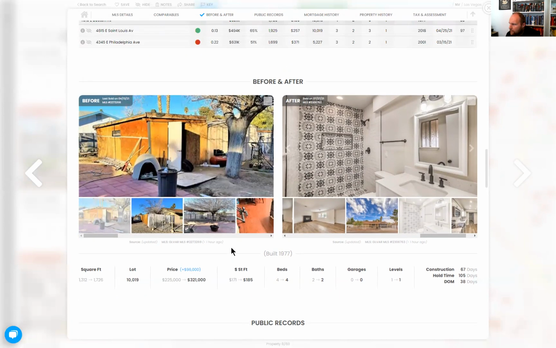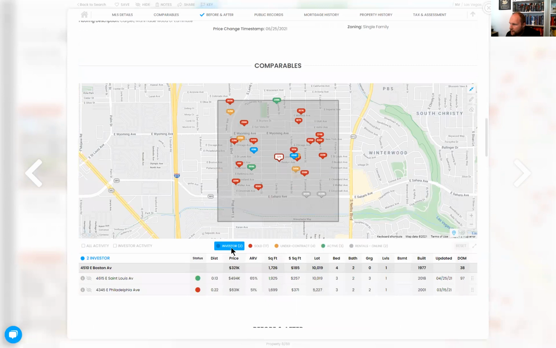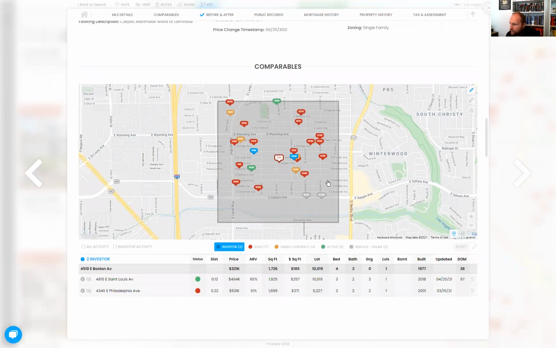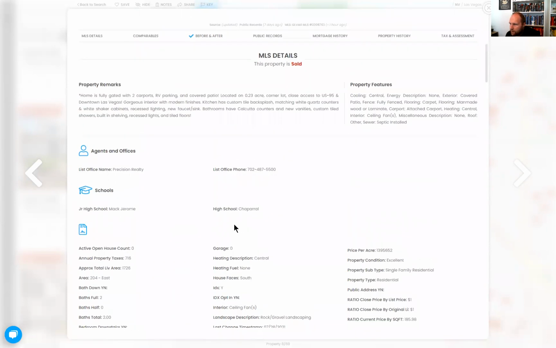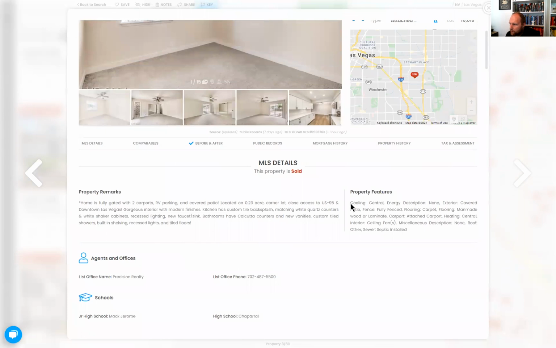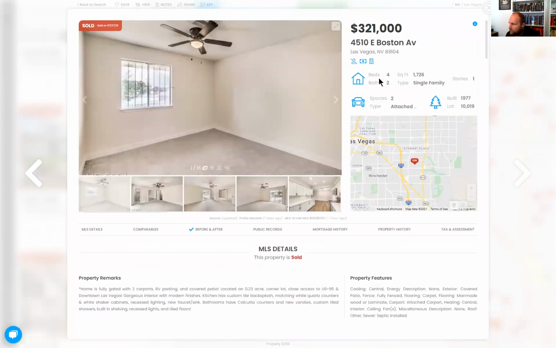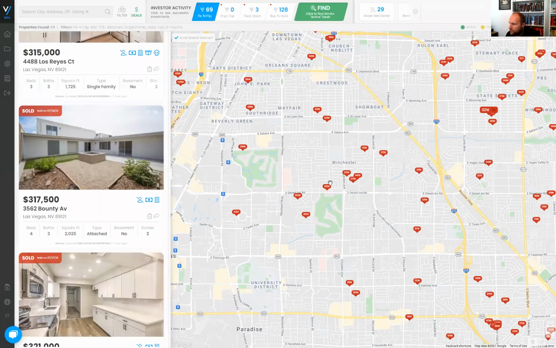So anyway, I don't know if this is interesting to you guys, but here you can see the comparables in the actual neighborhood. You can get all the details on the property, schools, all the features, but really cool stuff. And so you can go here and you can see, okay, here's everything that's sold.